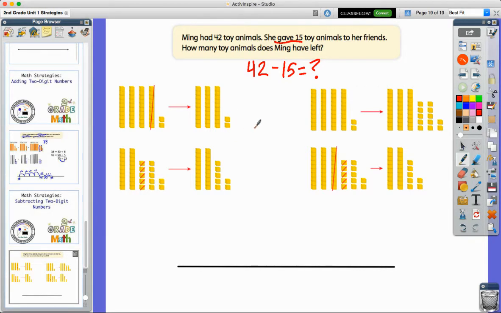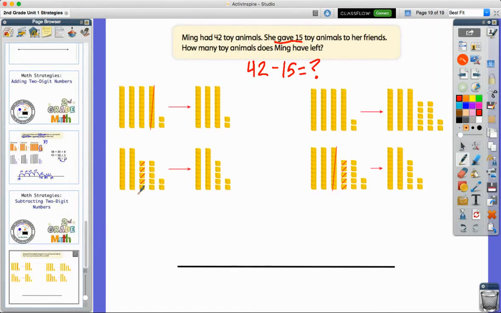So what do they do? They take one of our groups of 10 and they bust it apart into 10 ones. So let's count and make sure. We had 32 up here. We should still have 32 down here at the moment. So 10, 20, we have a group of 10, which makes 30, and then the 32. So we still have 32, but they've taken one of our 10 rods and busted it apart into 10 ones. Now we have enough ones that we can subtract the 5.